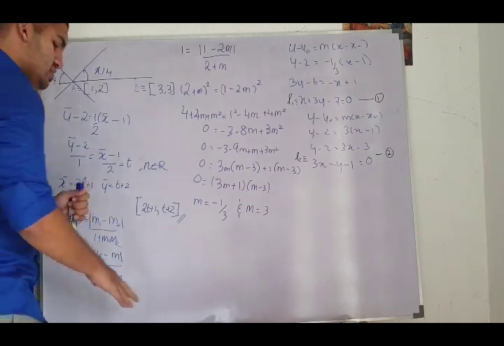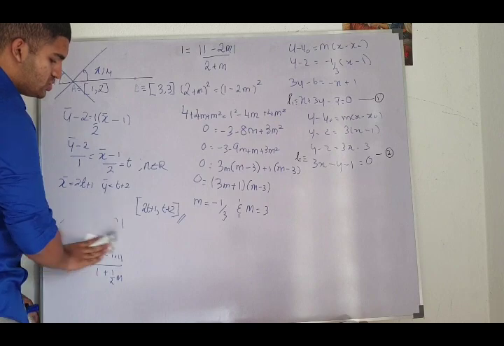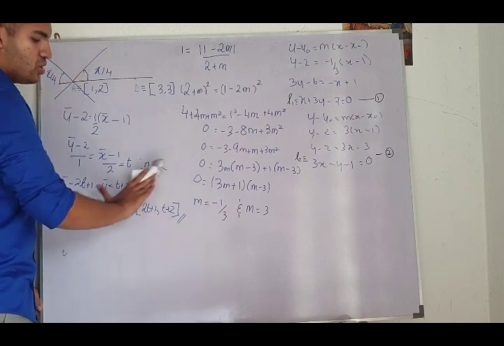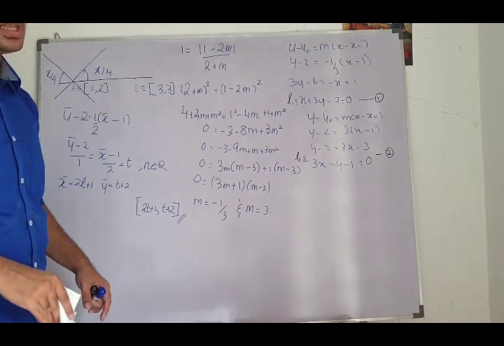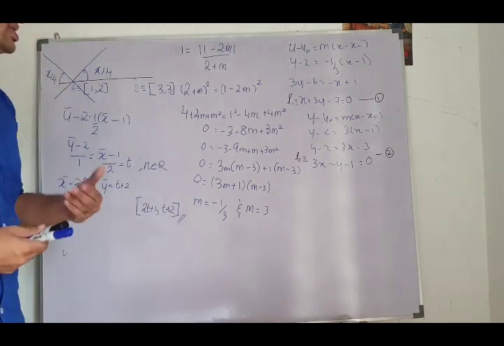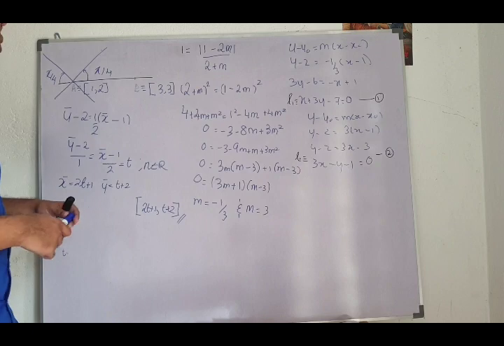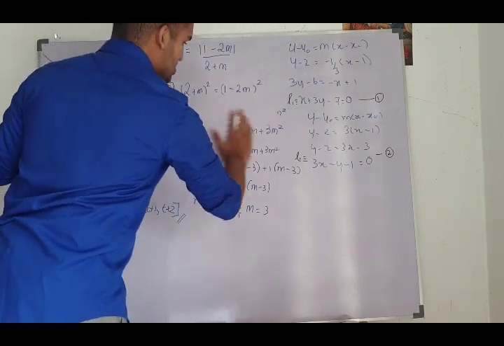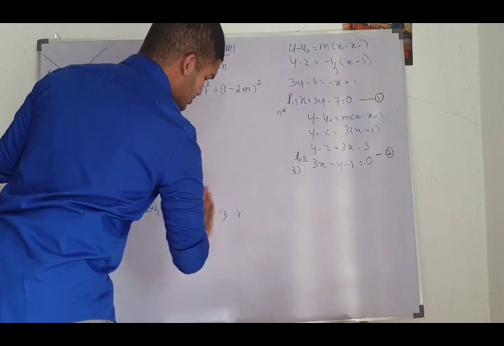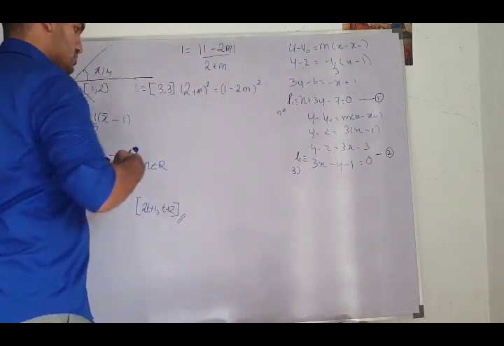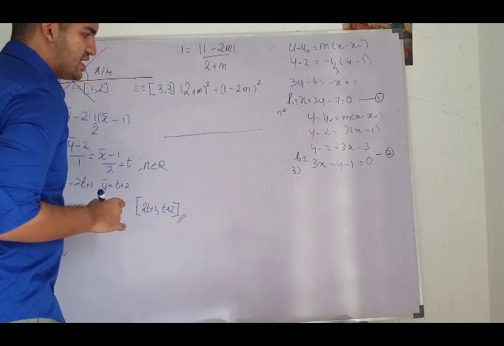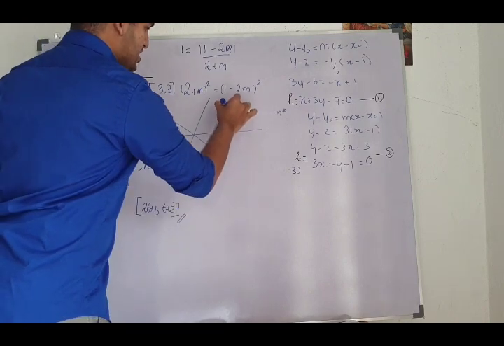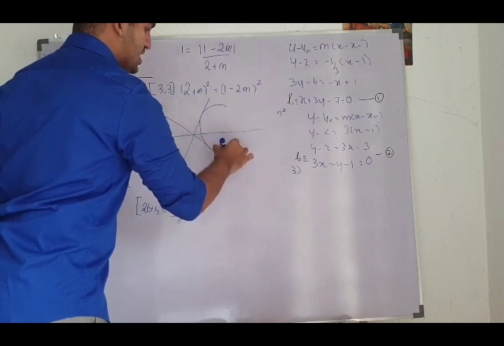That's what that means. So in here, what you have to do is consider this parametric coordinate as the center of the circle. If I draw a clear image here, there is a straight line and there should be a circle like this.